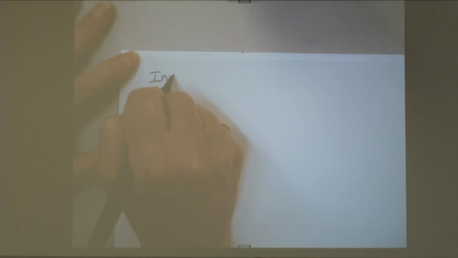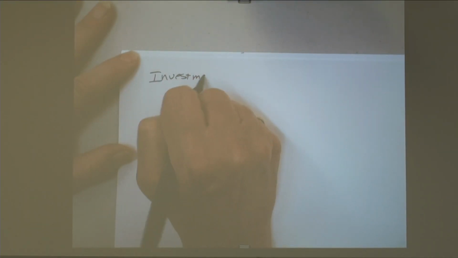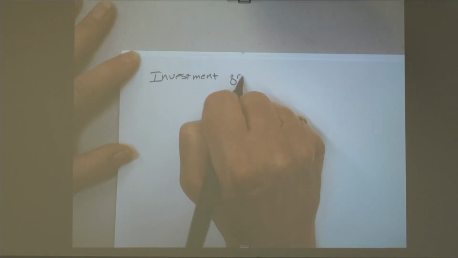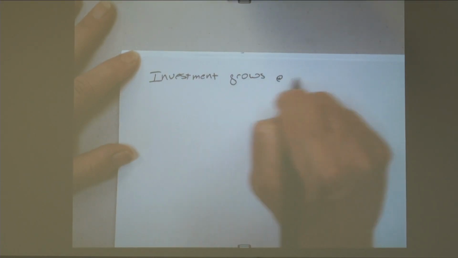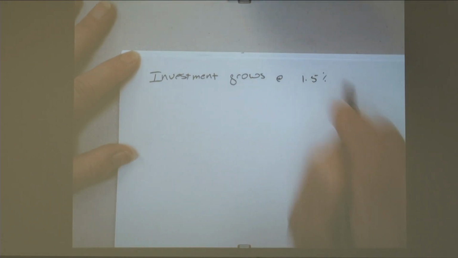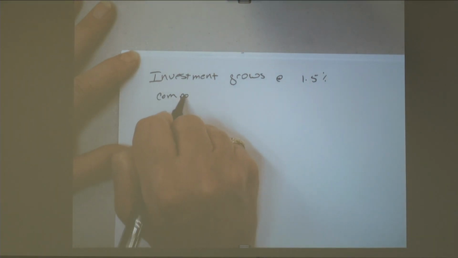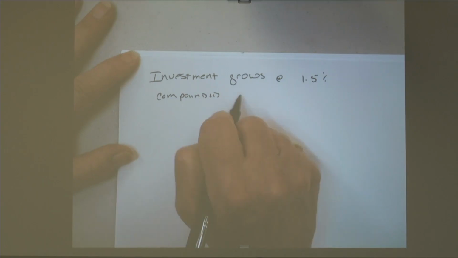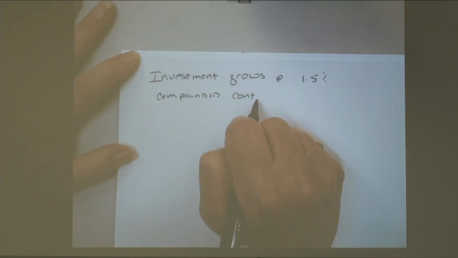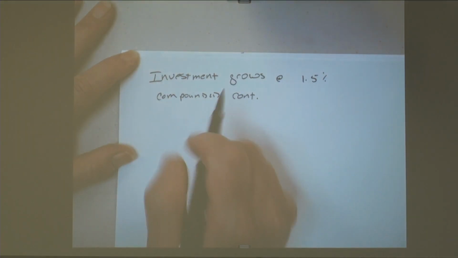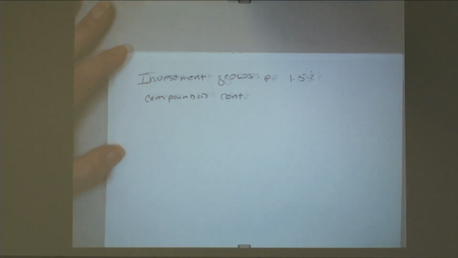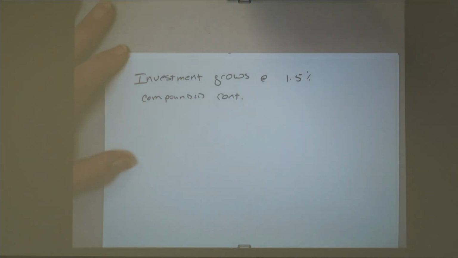You have an investment, and it's growing at 1.5%, compounded continuously. Now that matters because that puts us into a very special equation, the PERT equation.